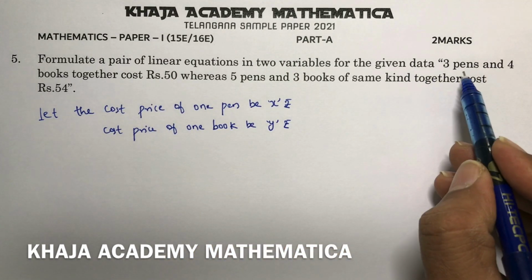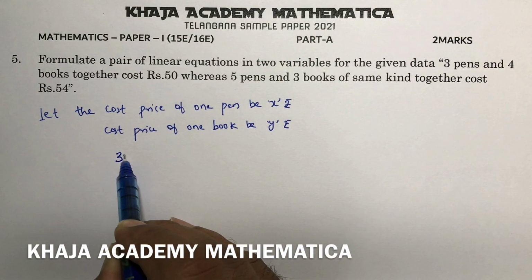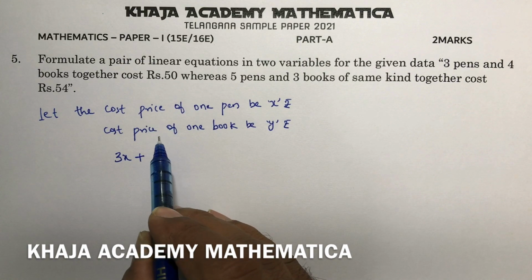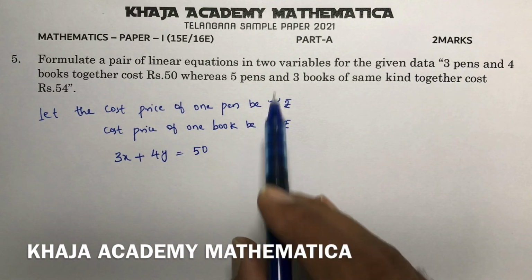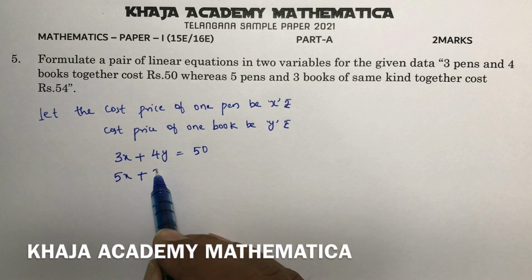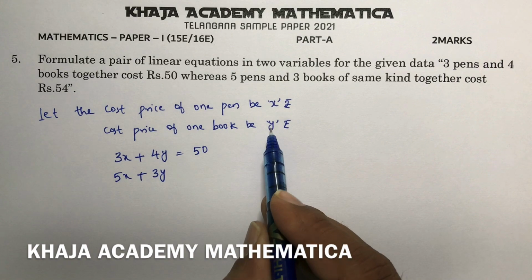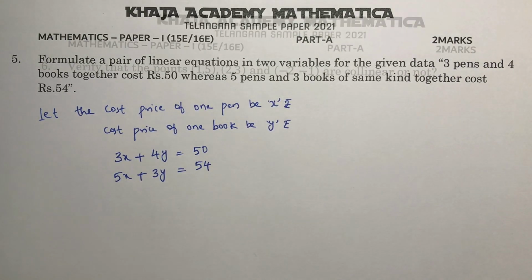So here they told 3 pens, so pens is x, so 3x plus 4 books, so 4y, and 50 rupees. 5 pens, so 5x, 3 books, here I consider y price, 3y equals 54. So these are the two required equations.